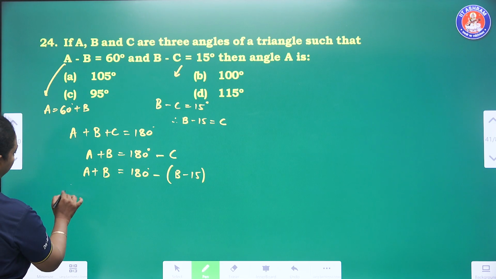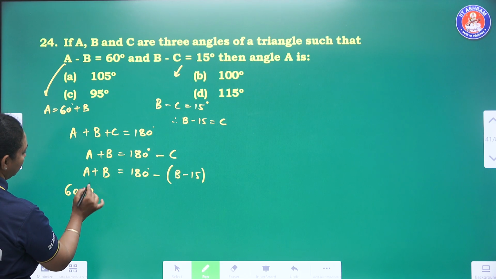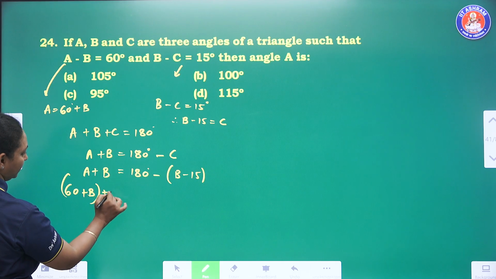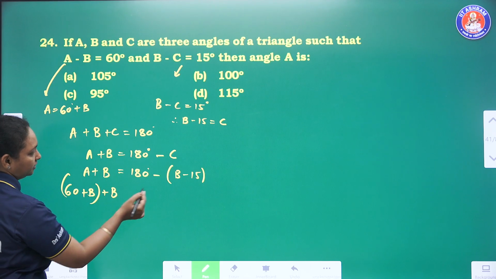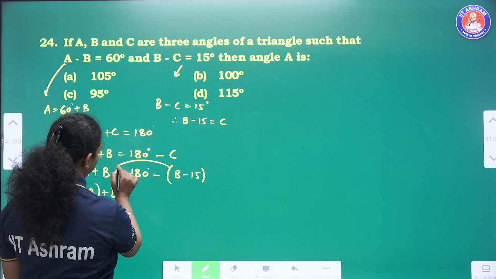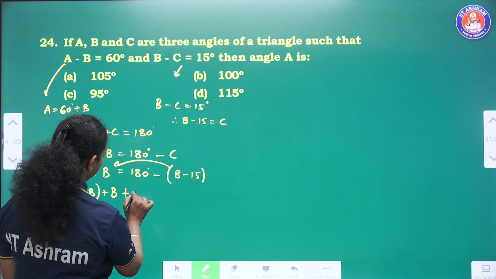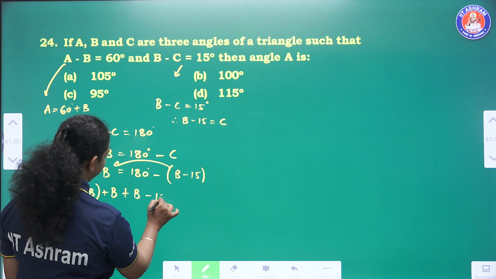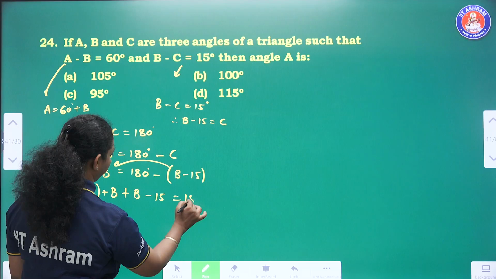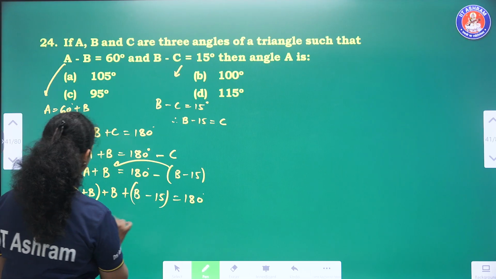Yes. So we can simply write 60 plus B instead of A. B is as it is, and this transferred to this side, then it is plus B minus 15 is equal to 180 degree. So we just solve this.